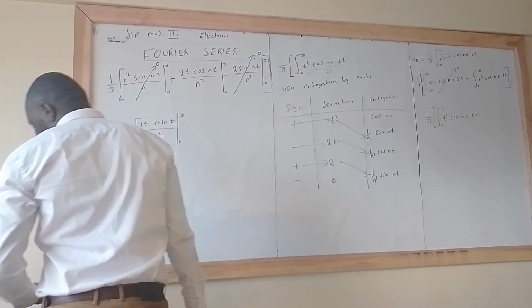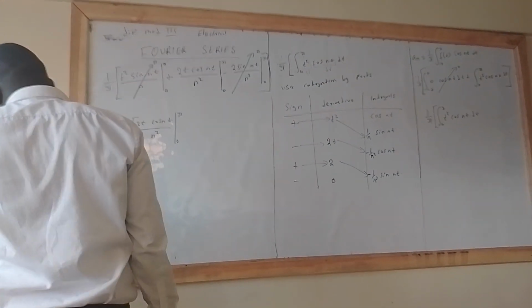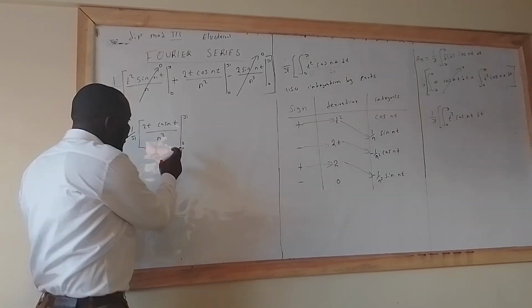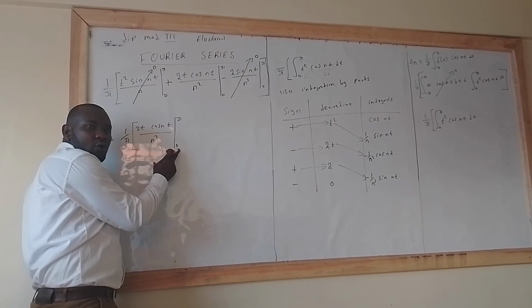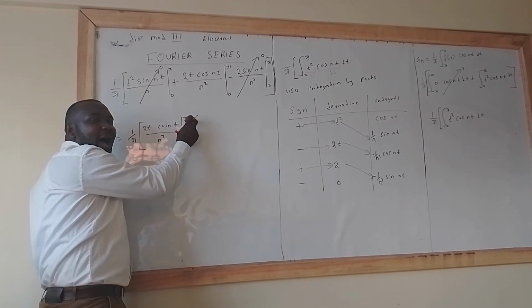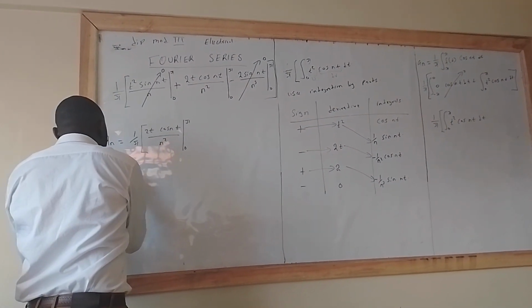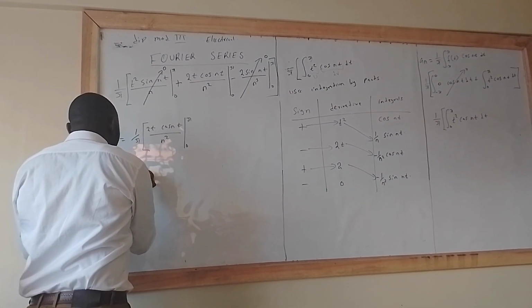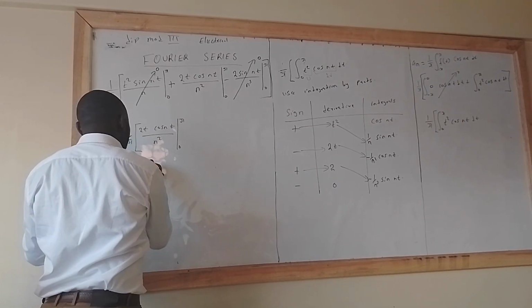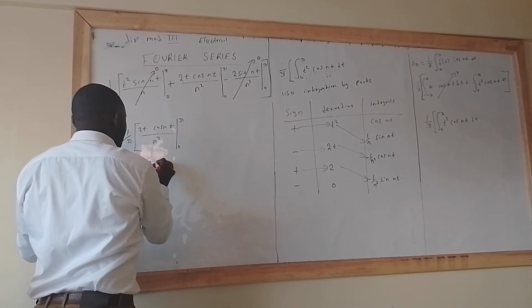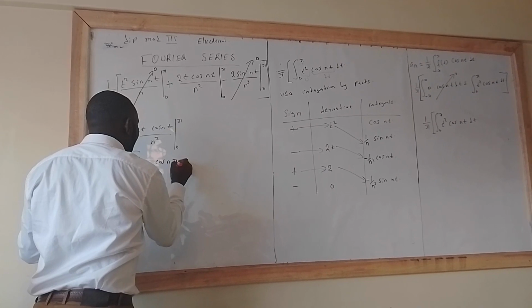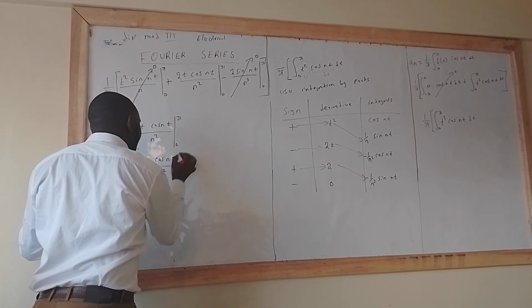Now, let's obtain the value at t. We will not waste our time with this 0, so we'll deal with pi. So I'll have a_n equal to 1 over pi, open the bracket, 2 pi cos n pi divided by n squared.